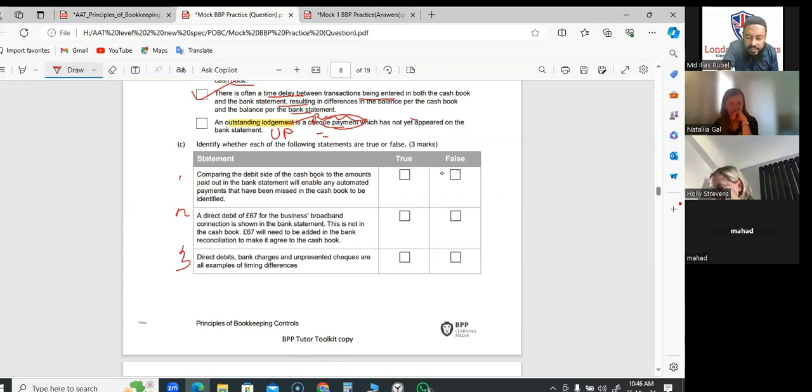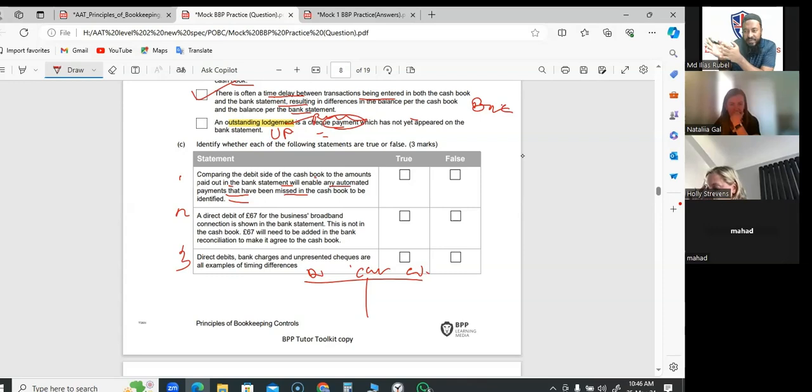Comparing the debits: when you do a cash book, there is a debit and a credit. Amounts paid out in the bank statement, and the other one is the bank statement. The cash book is maintained by our accountant. The bank statement is maintained by the bank people. So the amounts paid out in the bank statement will show any automated payments that have been missed in the cash book.